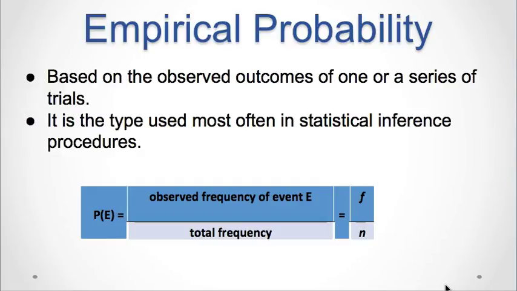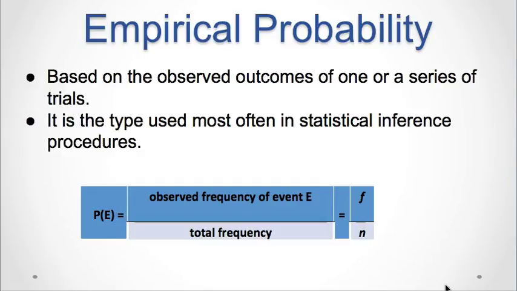For example, imagine we were to survey a class of 50 students. We ask them to choose their favorite ice cream flavor, such as vanilla, chocolate, mint chip, Rocky Road, cookie dough, and so on. If 15 of the students chose vanilla as their favorite ice cream, then based on these results, the empirical probability would be 0.3.